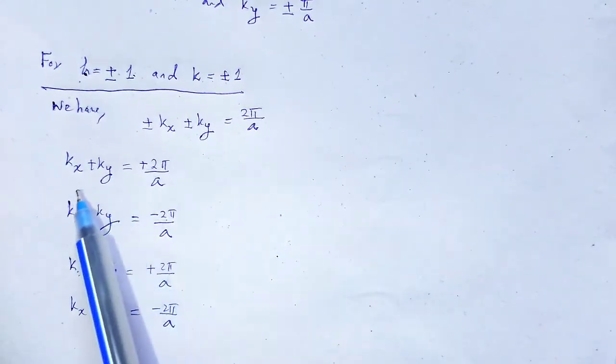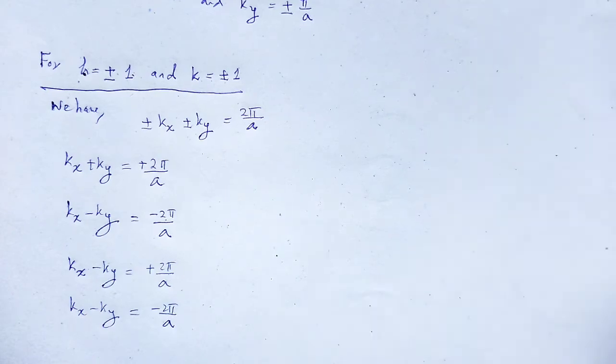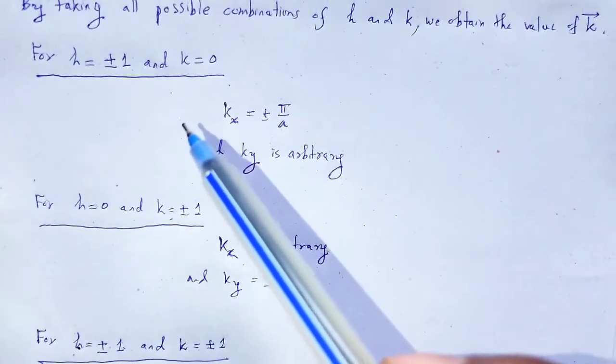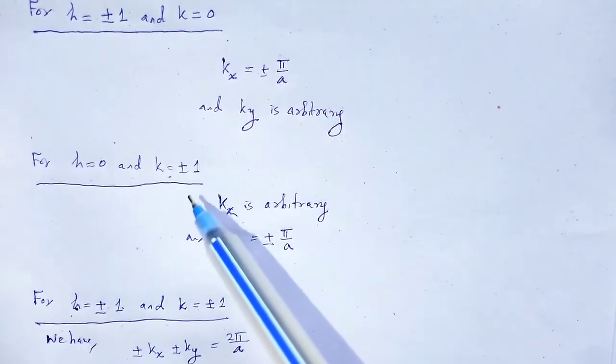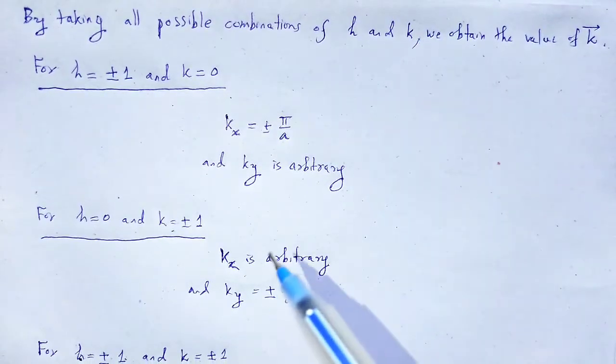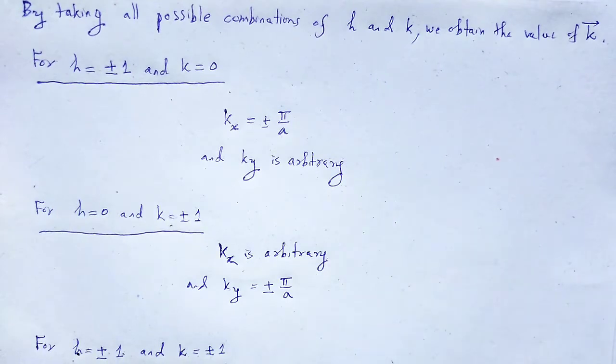These are the situations. In that way, 4 kinds of equations are drawn for 4 sets of straight lines. These are the possible combinations for the values of h and k. By treating these values, we can draw the Brillouin zones.